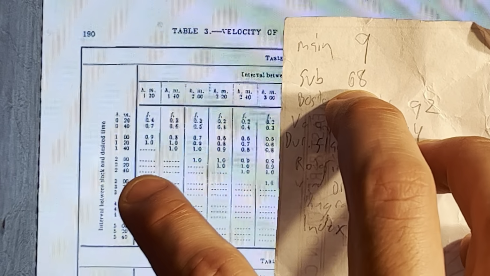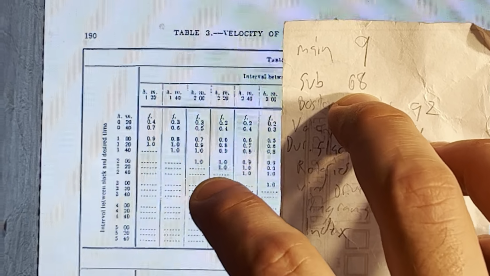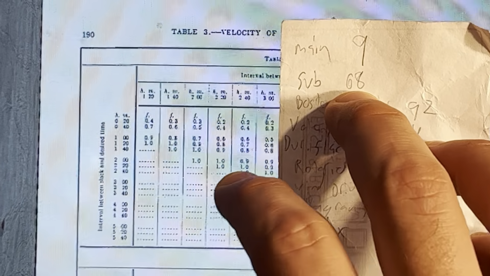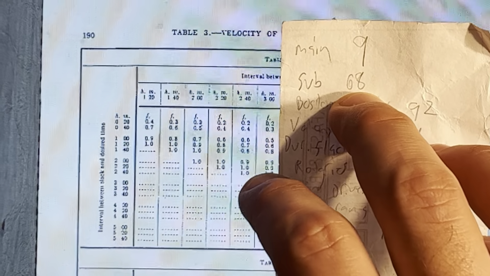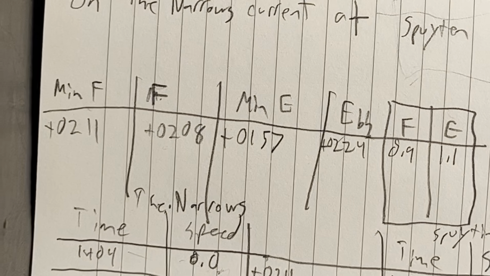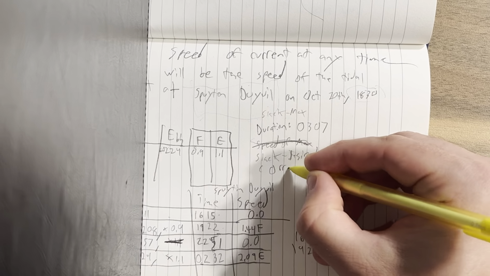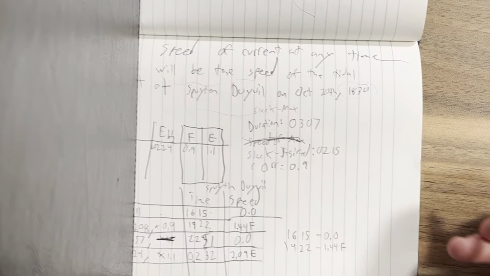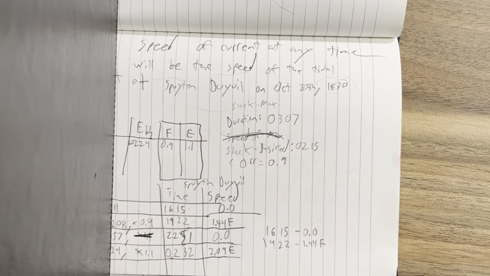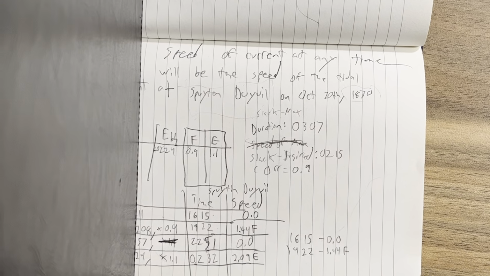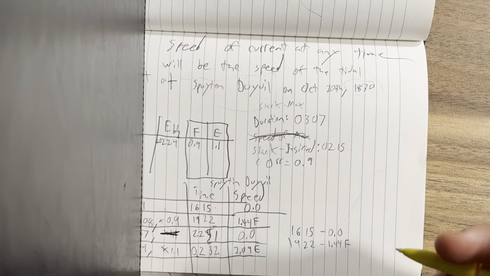Yeah, 1.9, I missed my spot. Or 0.9. So the 2 hour 20 row intersects with the 3 hour column at 0.9. So our correction is 0.9. Meaning whatever the speed of the maximum current is, you multiply it by 0.9 and that gives you your speed at your desired time.